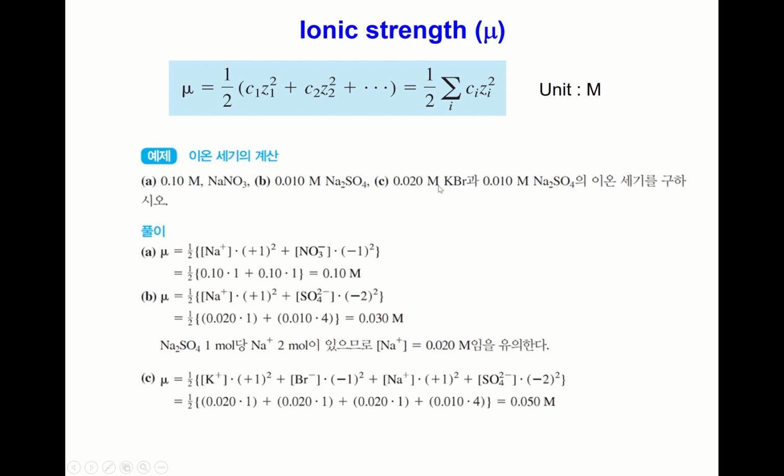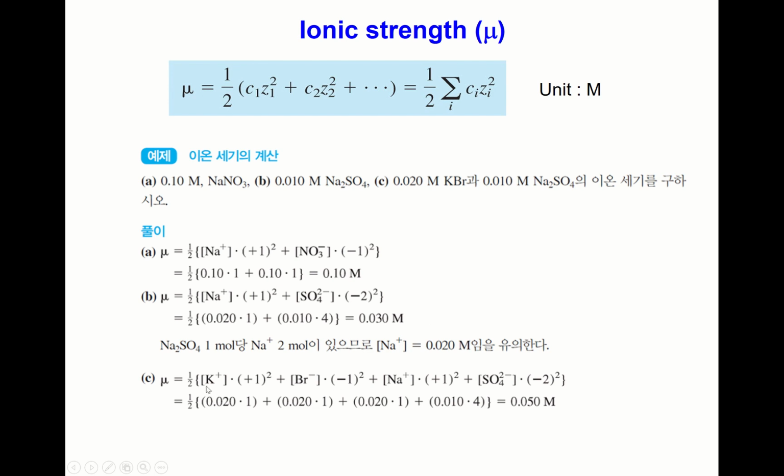And also this one. This question C is a little bit complicated, but simple. There are two species, potassium bromide and sodium sulfate. Each individual ion contributes to ionic strength, so you take individual ions into account.